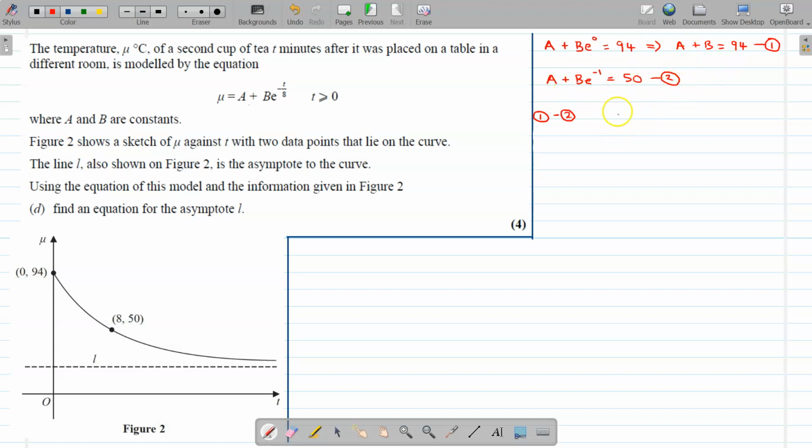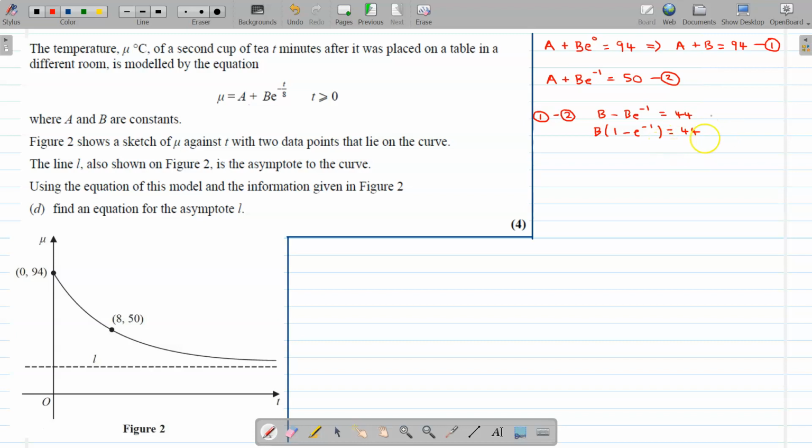A minus A is 0, so it will give me B minus B e to the negative 1 equals 44, because the A's have cancelled when you subtract the two equations. And that can also be written as B brackets 1 minus e to the minus 1 equals 44.